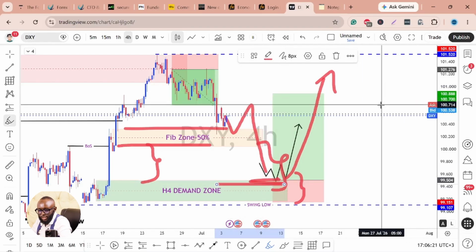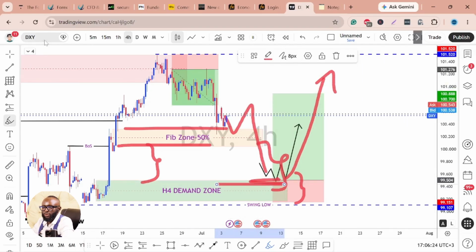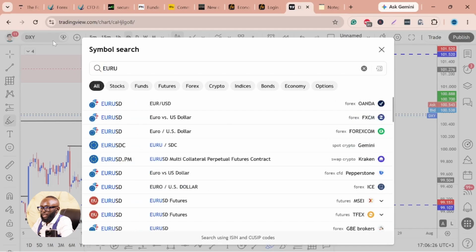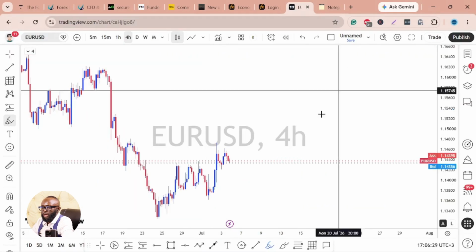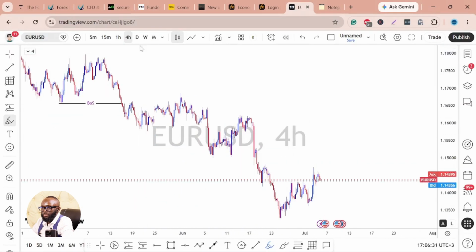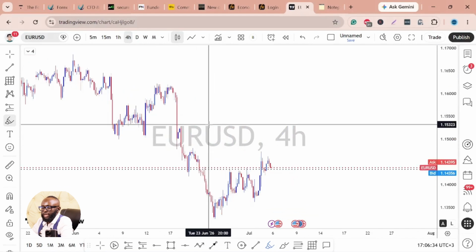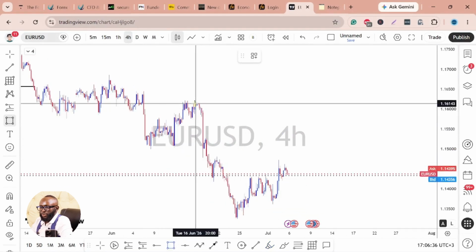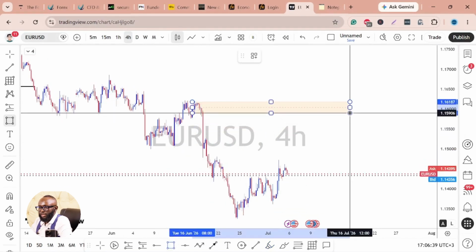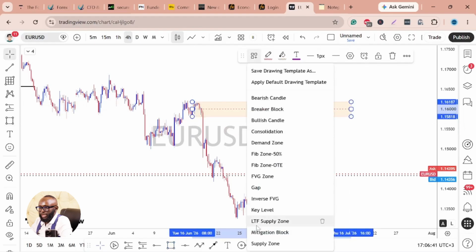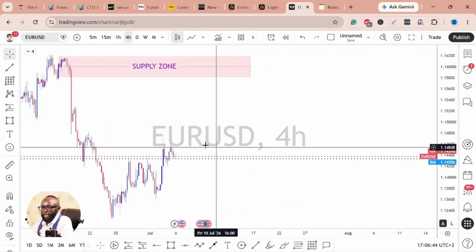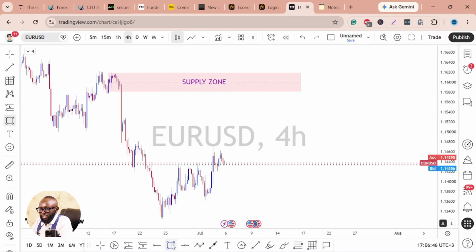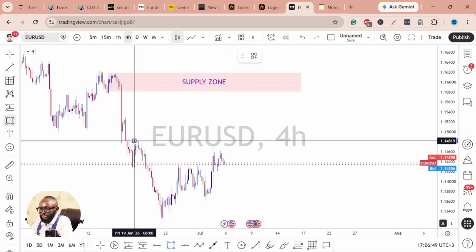Now let's look at EURUSD. EURUSD is still in a downtrend movement on the long term. Remember that we have our key supply zone over here, and maybe we can also have this zone over here.